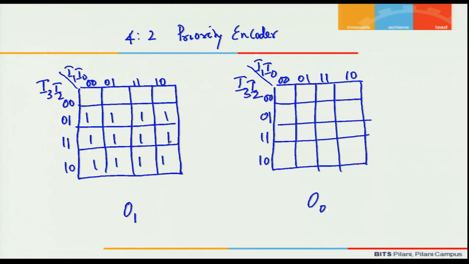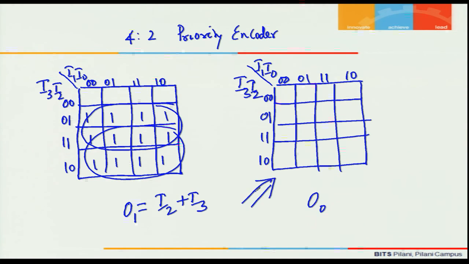I2, I3 both result in output equal to 1. You could now make them into two groups of 8 that result in a function O1 as I2 plus I3. You could now plot the map for O0 and get an expression for O0, then convert them into a circuit. You get the 4:2 priority encoder design in which the output pattern depends on the highest priority input being active, and we get a bit pattern at the output.